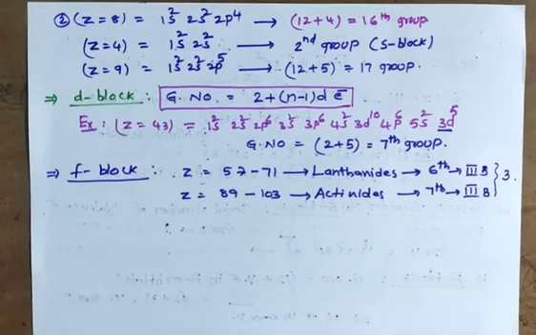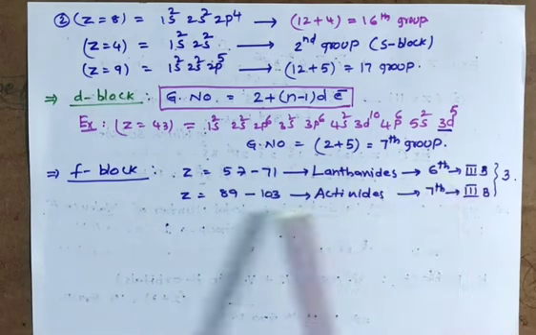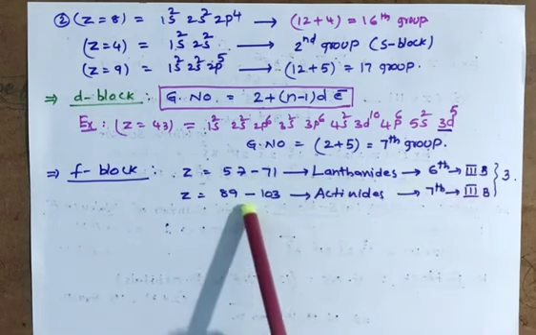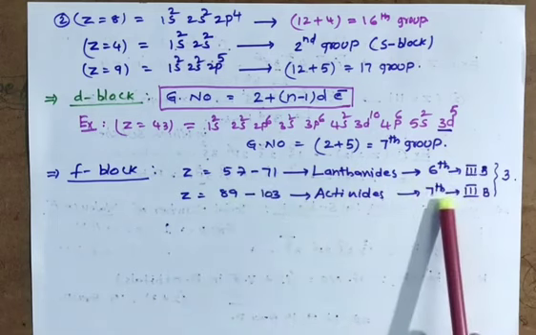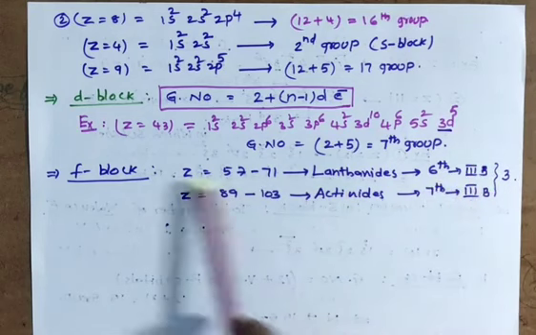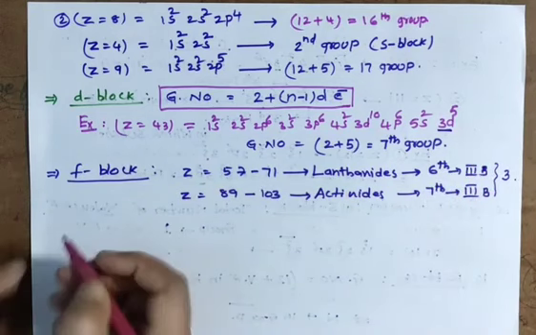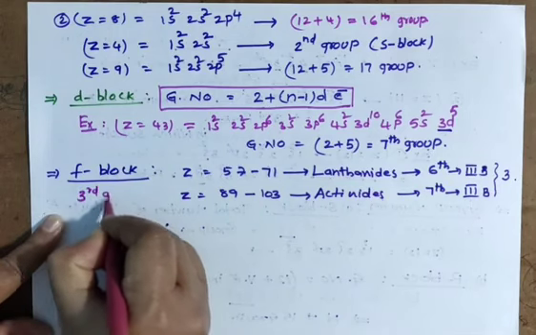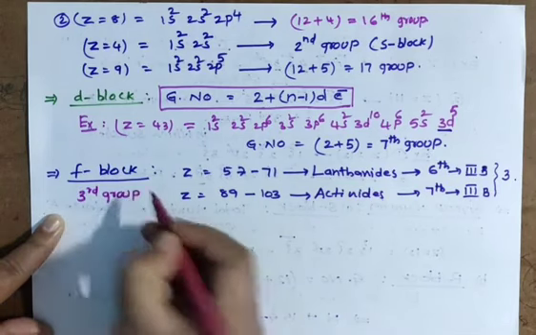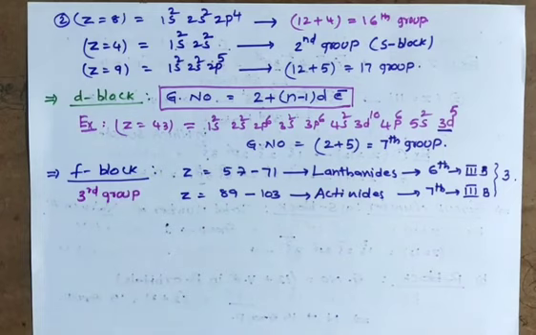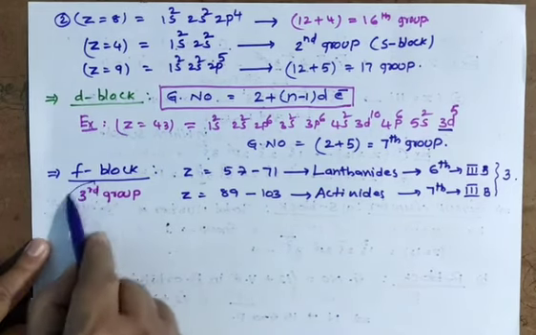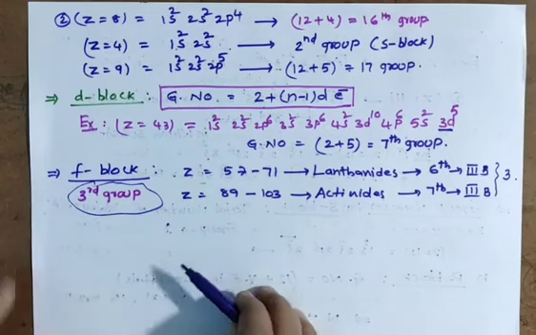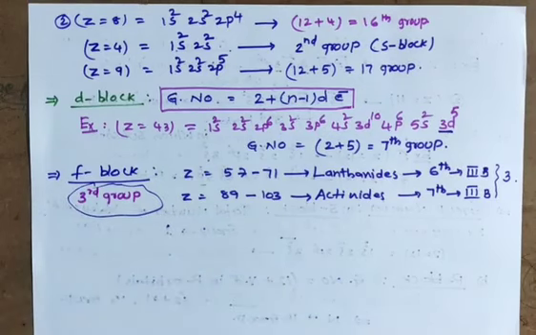No need of any formula. 57 to 71, 6th period, and 89 to 103, 7th period, and all F block elements belong to 3rd group. Remember, 3rd group or 3B group.